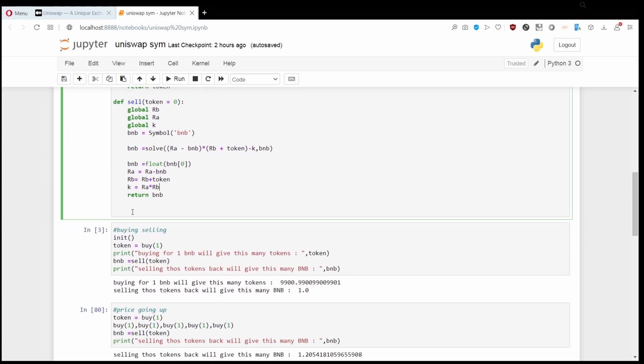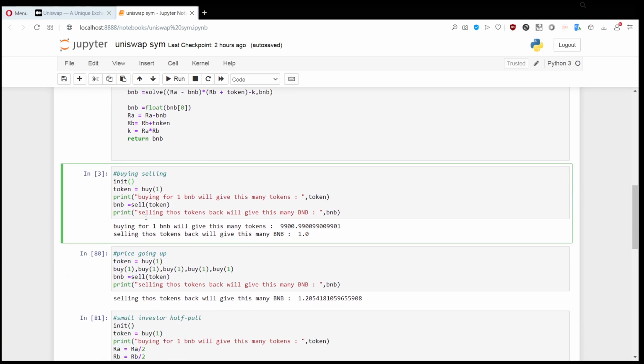Let's see if buying and selling is working. I init the exchange, and then we buy for 1 BNB, which gives us roughly 10,000 tokens. That is about 1% of all the tokens, which is what we expect. If there are 100 BNB in the liquidity pool and we spend 1, we get almost 1% of the tokens.